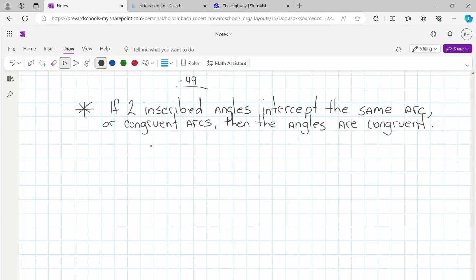So if we take a circle, if two inscribed angles intercept the same arc. So let's take an inscribed angle and let's intercept an arc. So here's angle A and it's going to form arc BC.